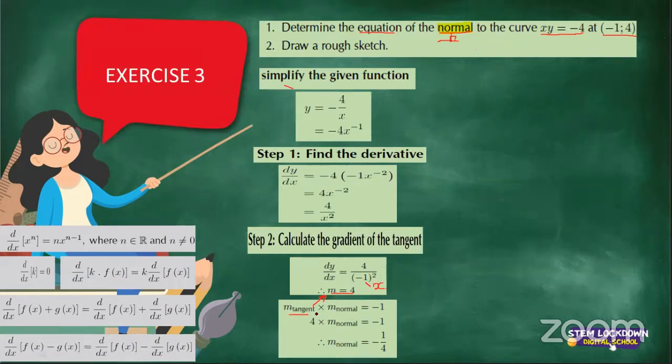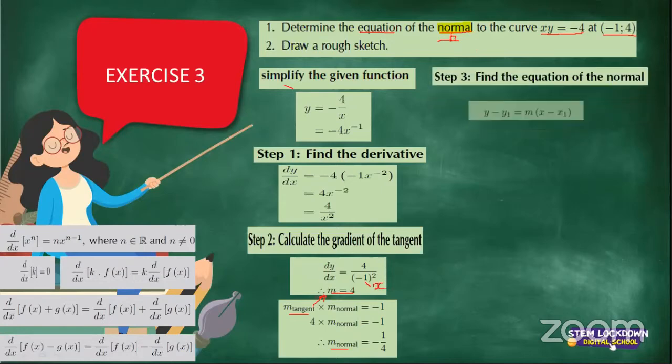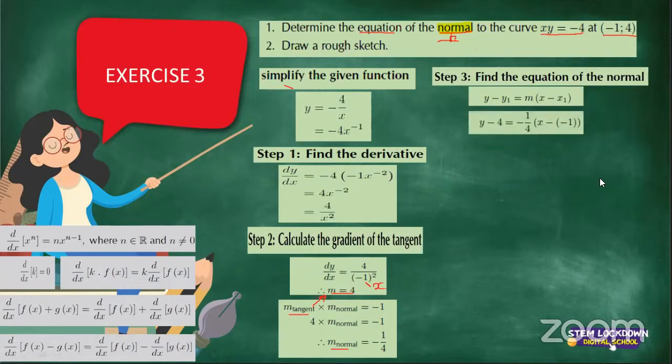So now that you know the gradient of your tangent, you can determine the gradient of your normal line. And you have a normal line that's also going through that point, okay? So it means you have your values of x1, y1, and the gradient. So you substitute into your equation. Remember, negative times negative.